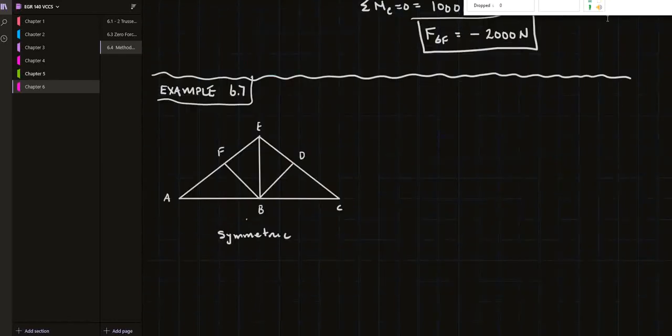So let's say this truss is symmetric here, and the distances here are, well, yeah, I guess it's okay. Here, wait a second, let me draw this a little better. Here's the dimensions. Got 30-degree angle here.